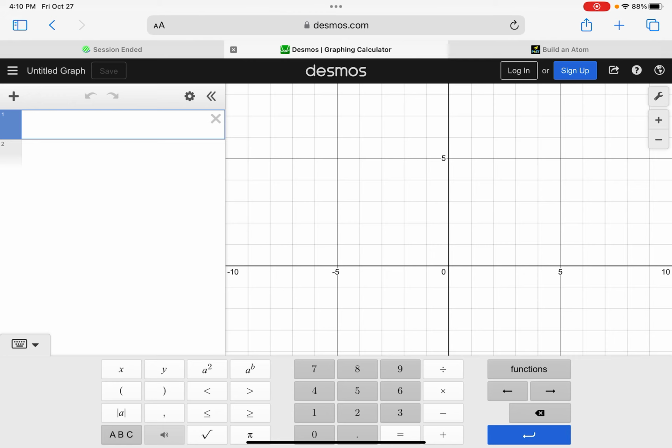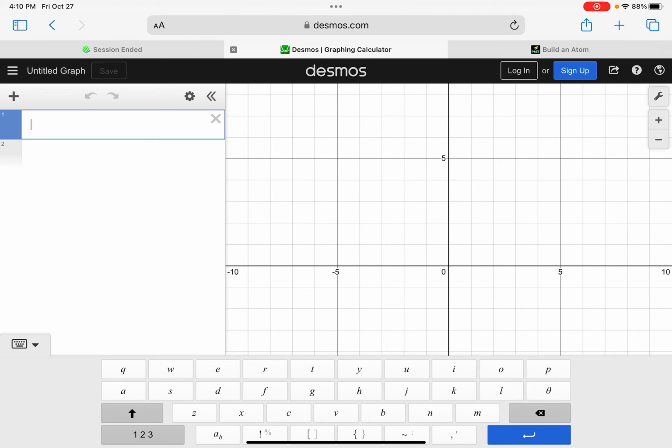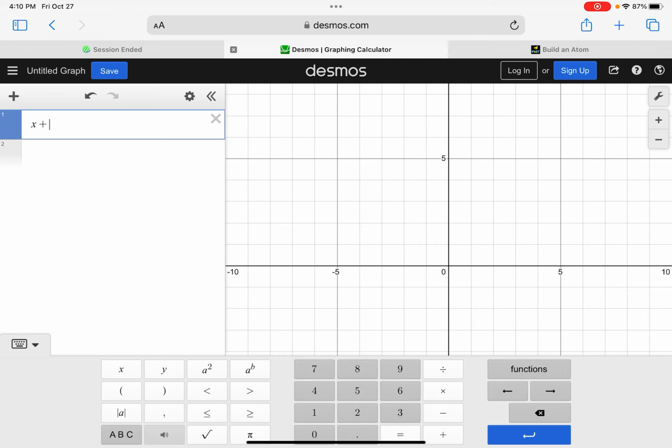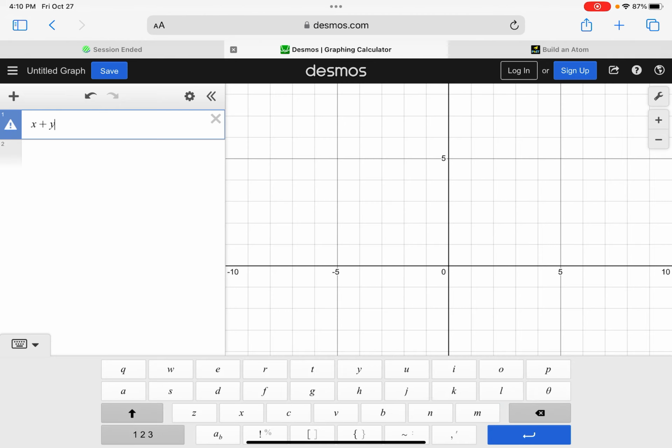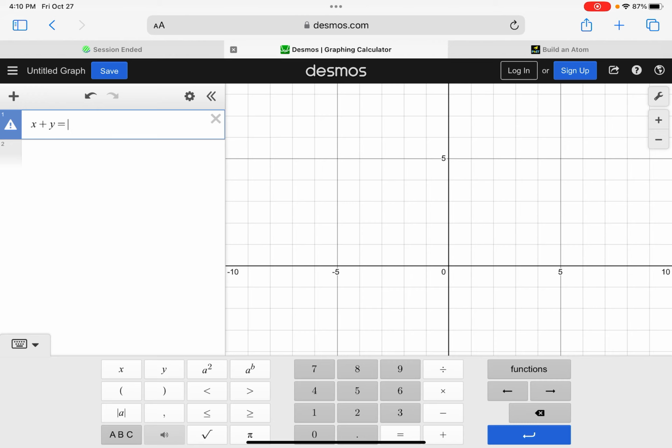And so for our system of equations, our first equation is x plus y. We would do x plus y equals 10.